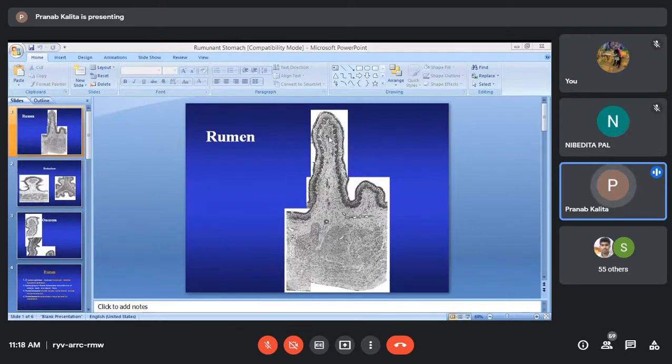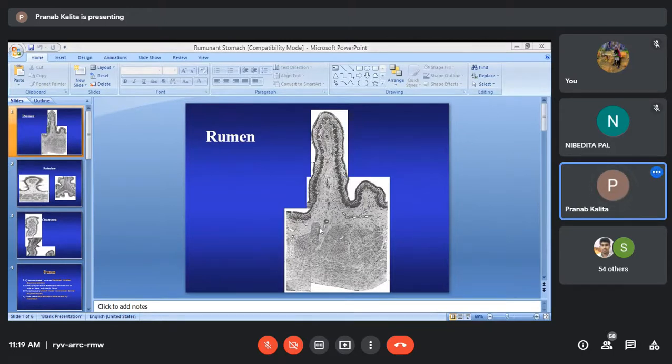Then you will find the propria and submucosa continuous, because in the rumen you won't find the lamina muscularis mucosae. As there is no lamina muscularis mucosae, it continues with the propria submucosa. That's why next to that you will find this layer called the propria submucosa.